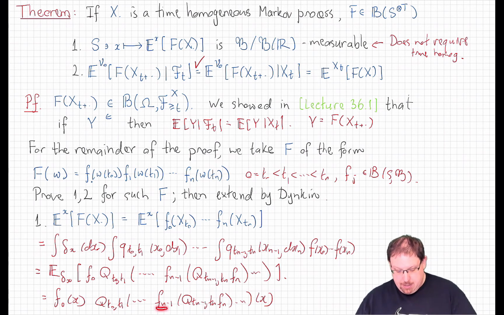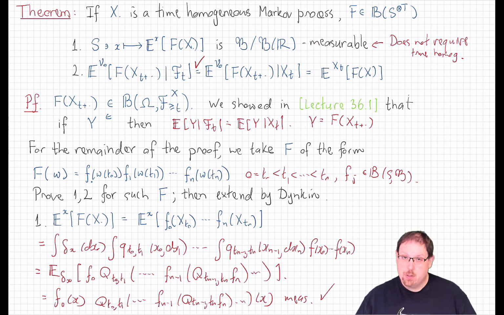Then I apply this transition operator, and I get a new bounded measurable function all the way down the line. So by induction, this is a bounded measurable function of x. And so this is a product of two bounded measurable functions of x, and is therefore a bounded measurable function, which proves the result in that case, again, not requiring any information about time homogeneity of the transition kernels.